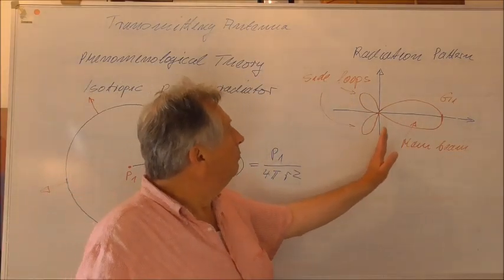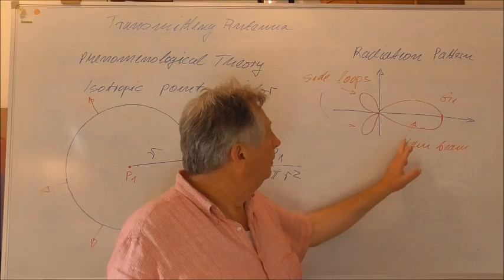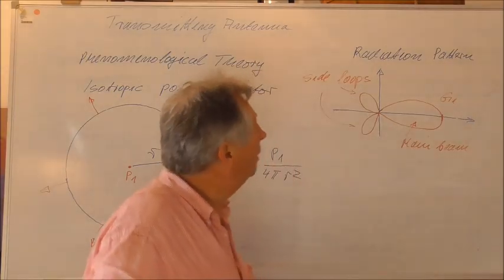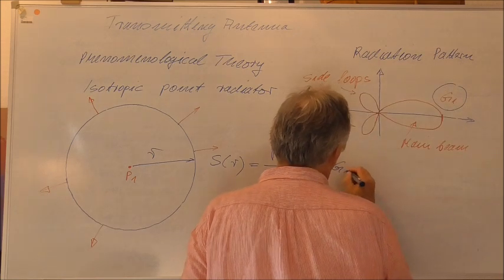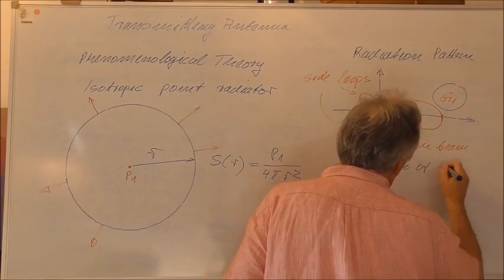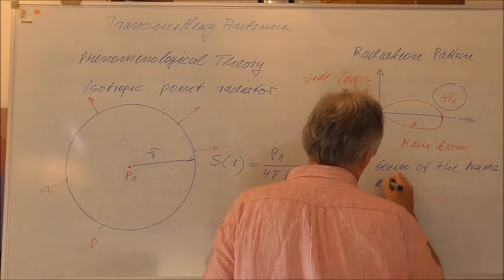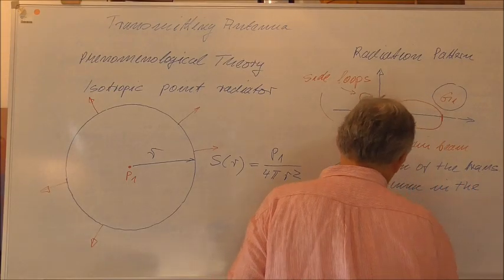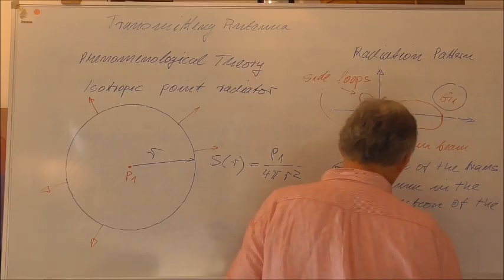Of course, if we want to radiate in the direction of a certain receiver, we will direct the main beam in the direction of the receiver, and we will describe the influence of the main beam by a value G1, which is the gain of the transmitting antenna in the direction of the main beam.